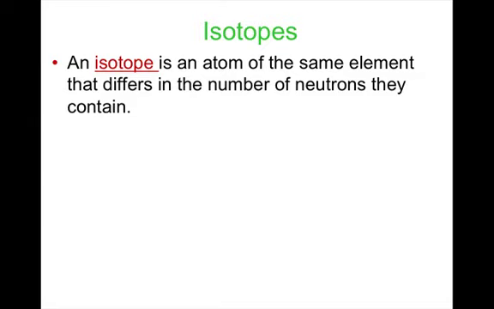Isotope is an atom of the same element, but differs in the number of neutrons they contain. And if you remember, neutrons have no charge, and they are also found in the nucleus.